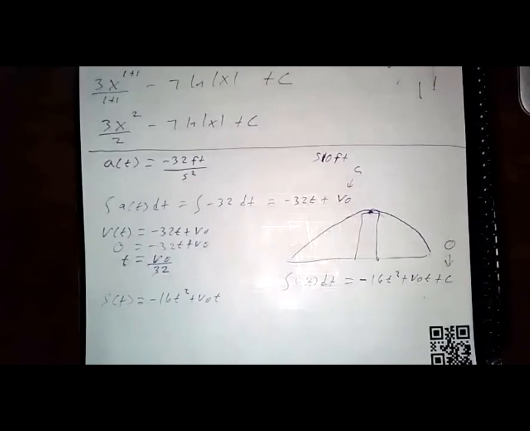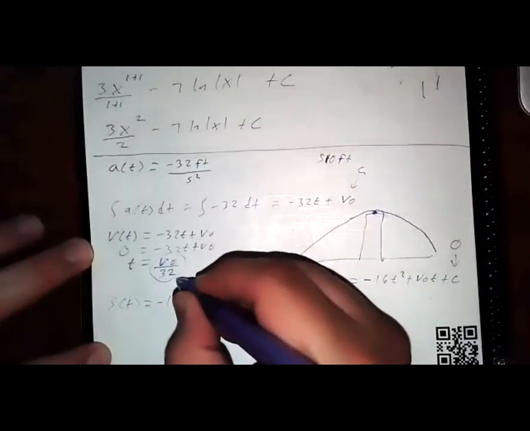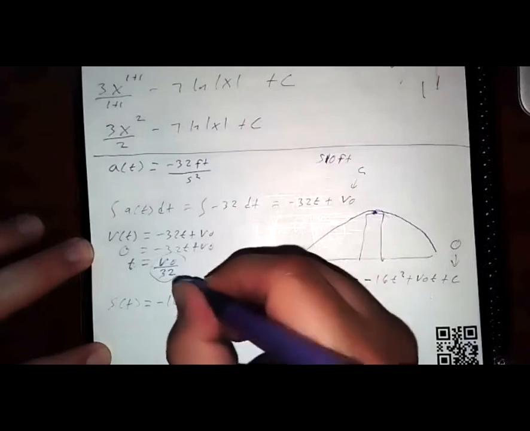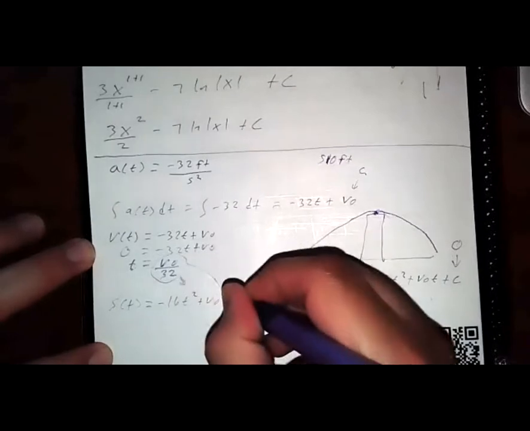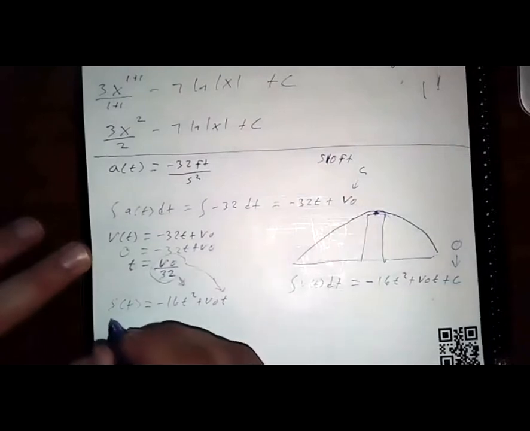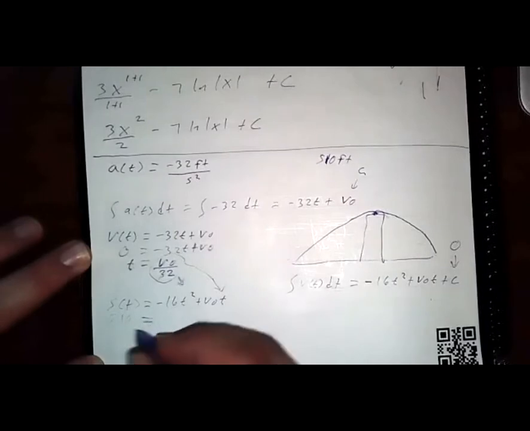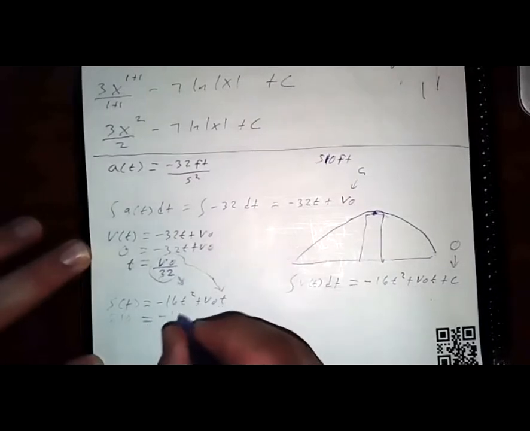And they said that I'm at 510 feet. So at what speed am I hitting that? So replace the t with this right here, in there, and here. Set it equal to 510 and plug in your value.